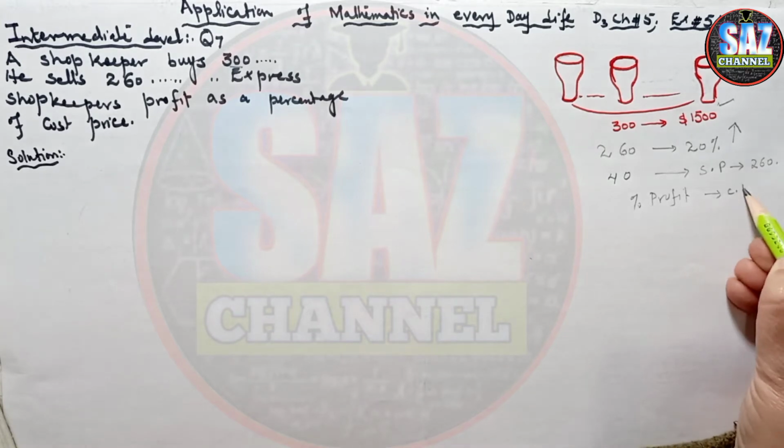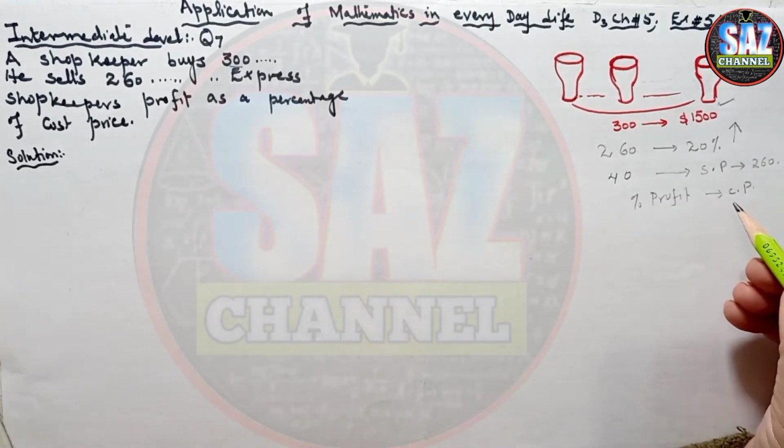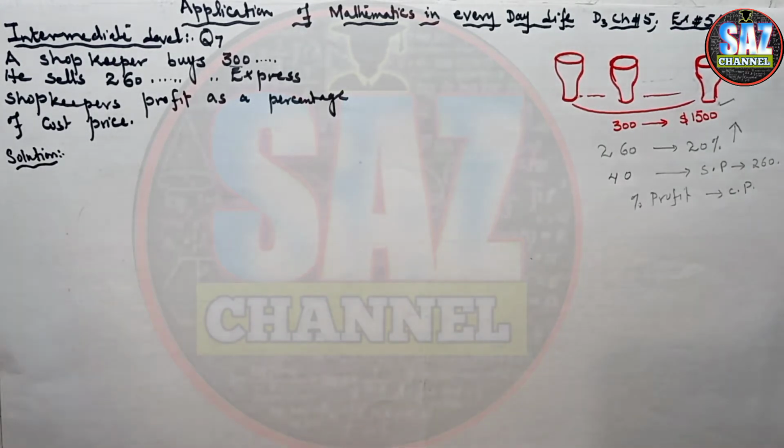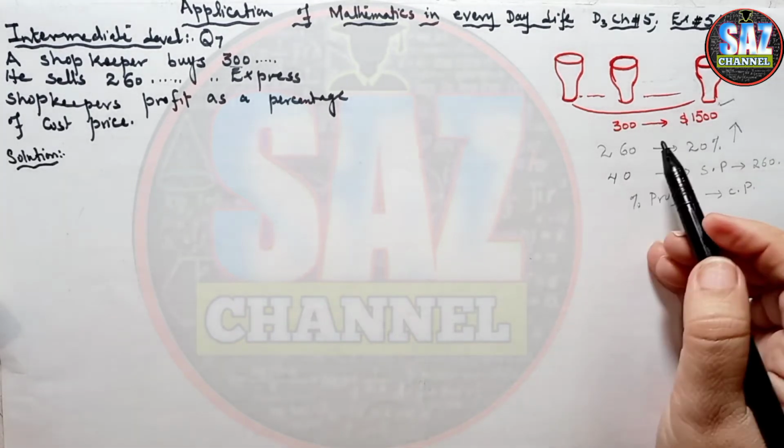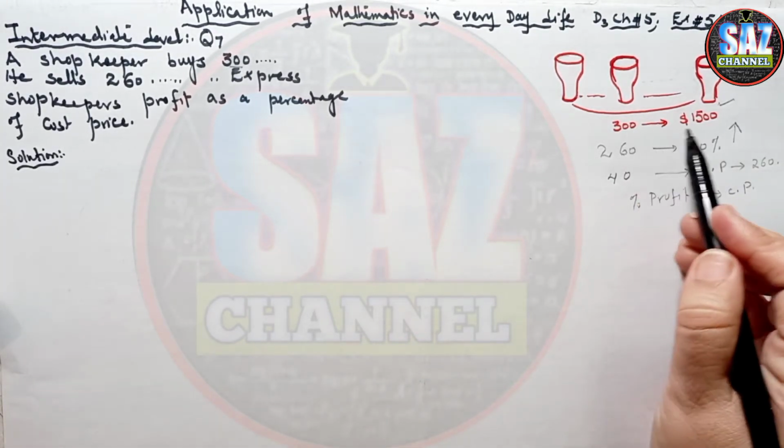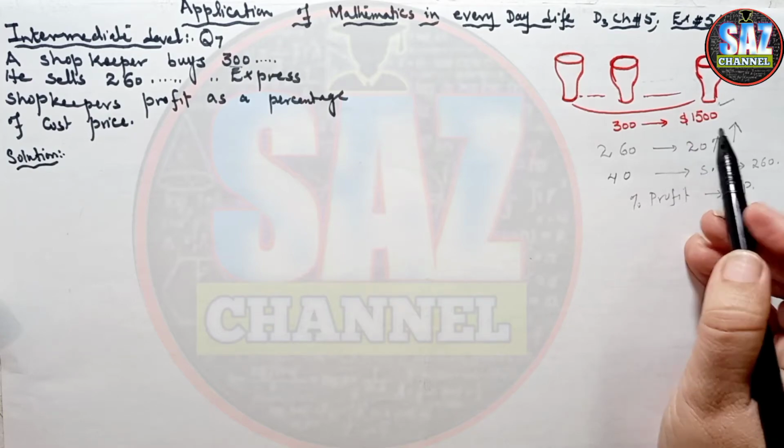First of all, it's always good to draw figures like this in order to get a clear picture of the question. For the purchase of 300 articles, he is paying a total of $1500.